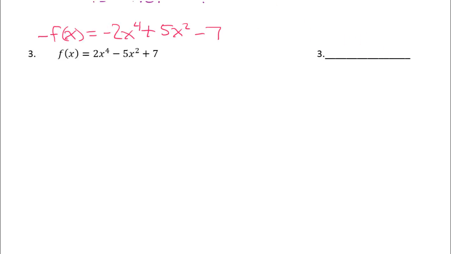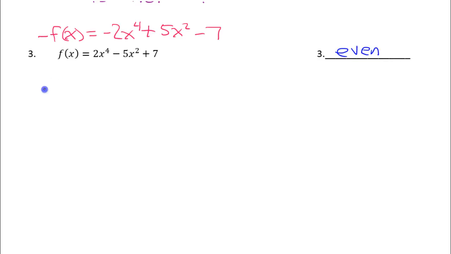Before we do anything else, at a glance, let's just say whether it's even, odd, or neither. So looking at all the exponents, I have even, and here I have 7x to the 0 power. That is even as well. So everything is even, so I know this is going to be even at a glance. So now let's continue on with the proof.